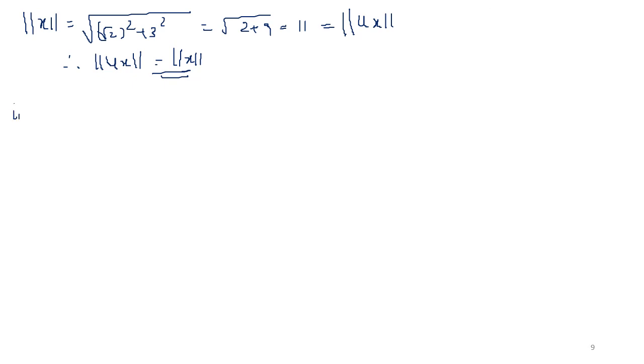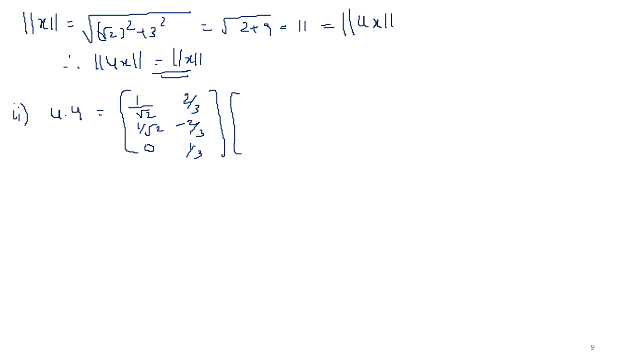The second problem is we need to find U into y, where U is 1 by square root of 2, 2 by 3, 1 by square root of 2, minus 2 by 3, 0, 1 by 3, and y is nothing but minus 3 by 2 square root of 6.